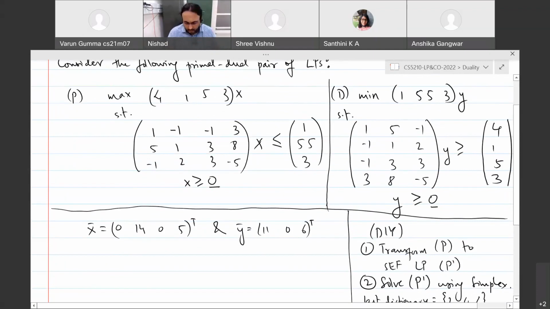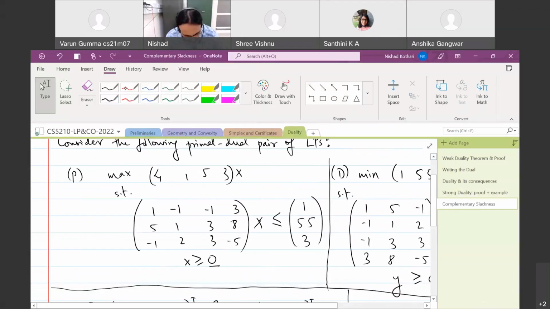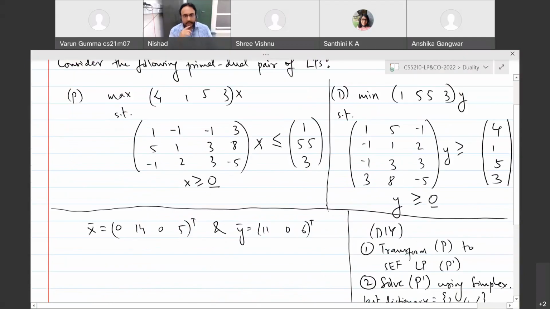All right, I want to do one more thing. I want to number the constraints and put down the variables in the other LP corresponding to those constraints. I'll do this in red color. So this is our first constraint of the primal, second constraint, and third constraint. And the corresponding variables are y1, y2, and y3.